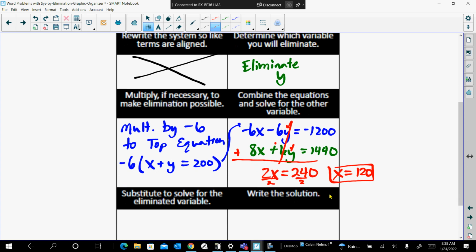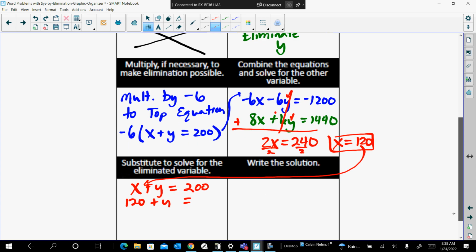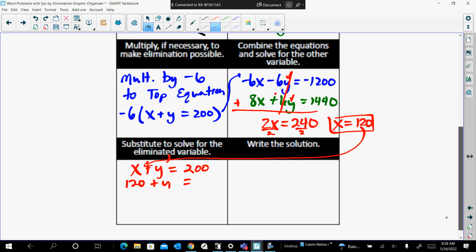All right, so it says here we're going to substitute and solve for the eliminated variable. Because I had x plus y equals 200, I'm going to substitute this in for x. So 120 plus y equals 200, right? So how many children y tickets do we have? Because we're going to have to just subtract 120.